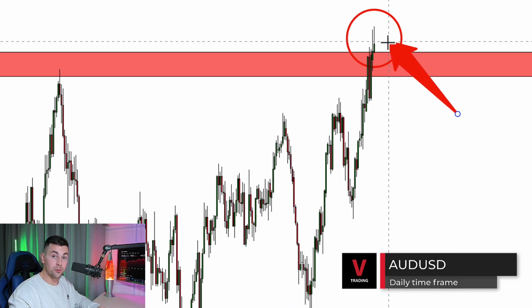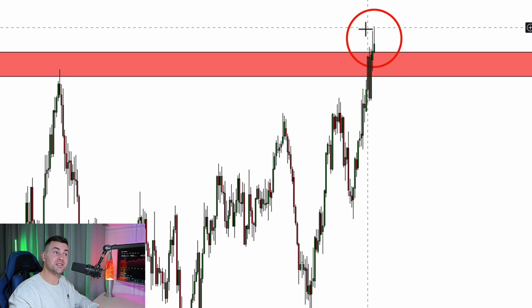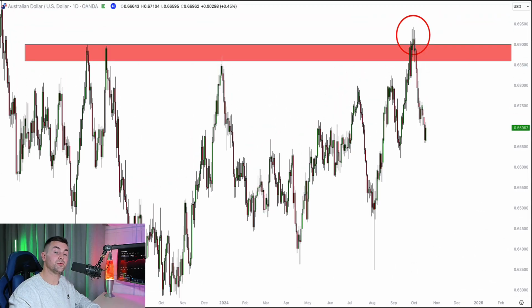With a strong bullish movement, a daily candle closed above that resistance, and according to the rules, it means that resistance is broken. After the breakout, it should turn into a strong support from where the next strong bullish movement should follow.